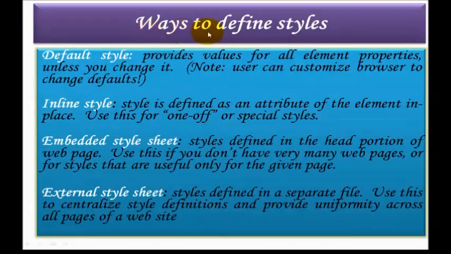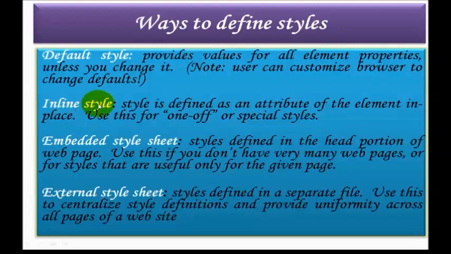How many ways are there to define styles? The first is the default style, then inline style, embedded style sheet, and external style sheet. Default provides values for all element properties unless you change them. Whenever you use any HTML element, it will have its own default style.